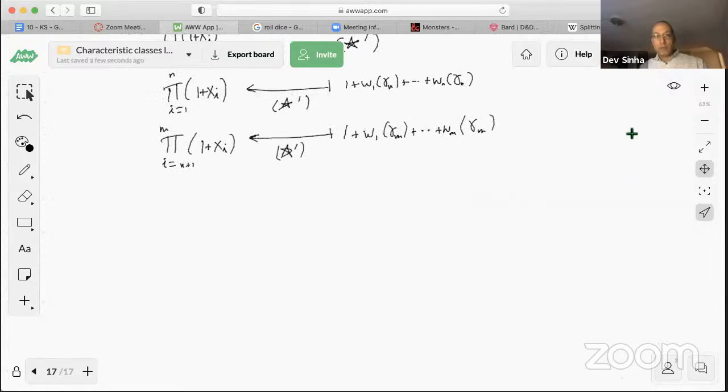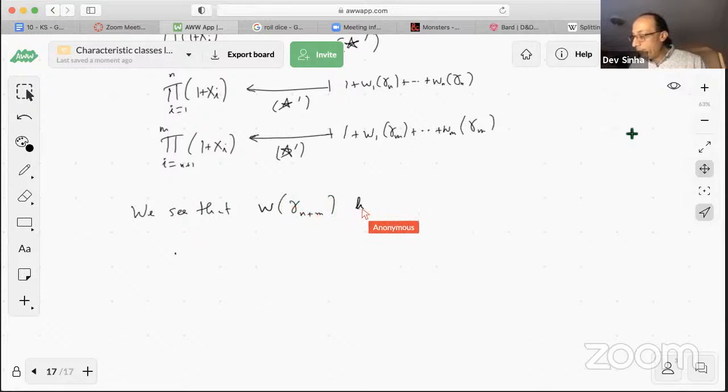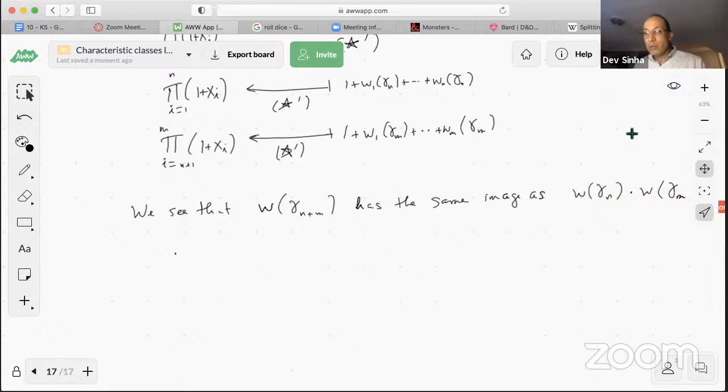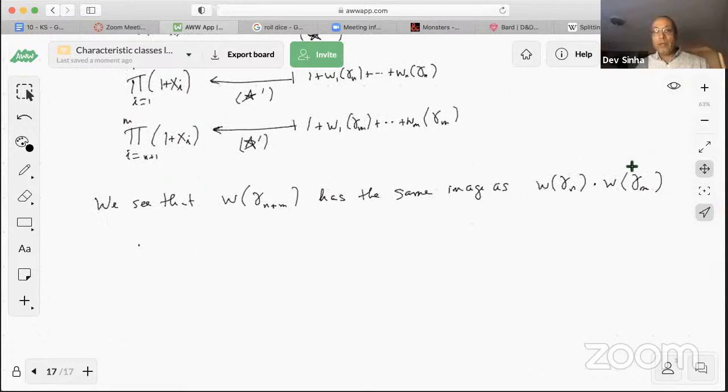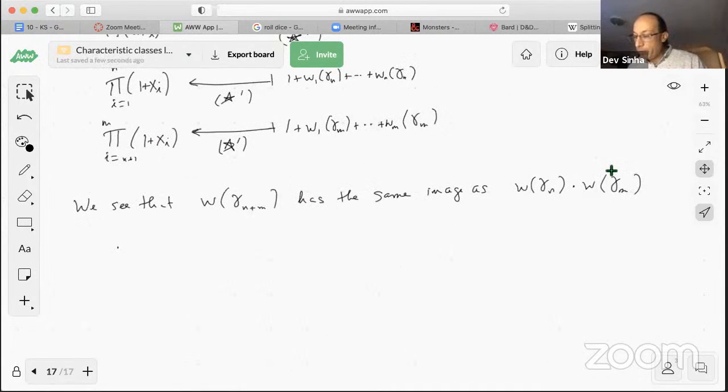So we see that the total Stiefel-Whitney class of gamma n plus m has the same image as the product of total Stiefel-Whitney classes, but because all of these maps are injective, so they have the same image, of course.